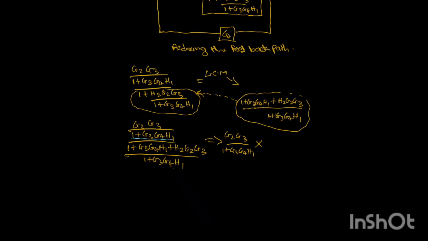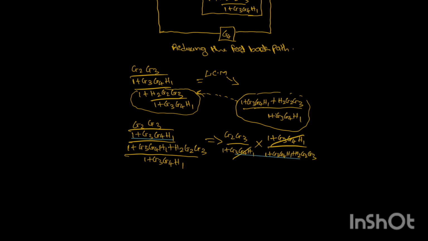So we'll be taking this one down over here. So we'll be having the last denominator: 1 plus G3, G4, H1 all over 1 plus G3, G4, H1 plus H2, G2, G3.